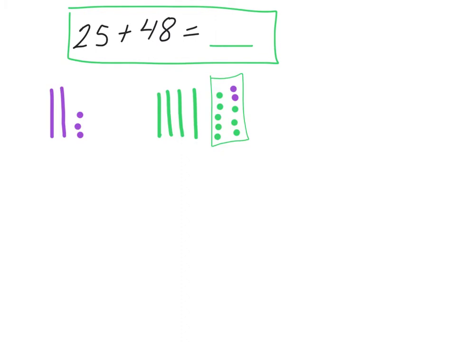So now let's look at our quick pictures. What do we have now? Well, if we look, we have 10, 20, 21, 22, 23. Plus we have 10, 20, 30, 40, 50.